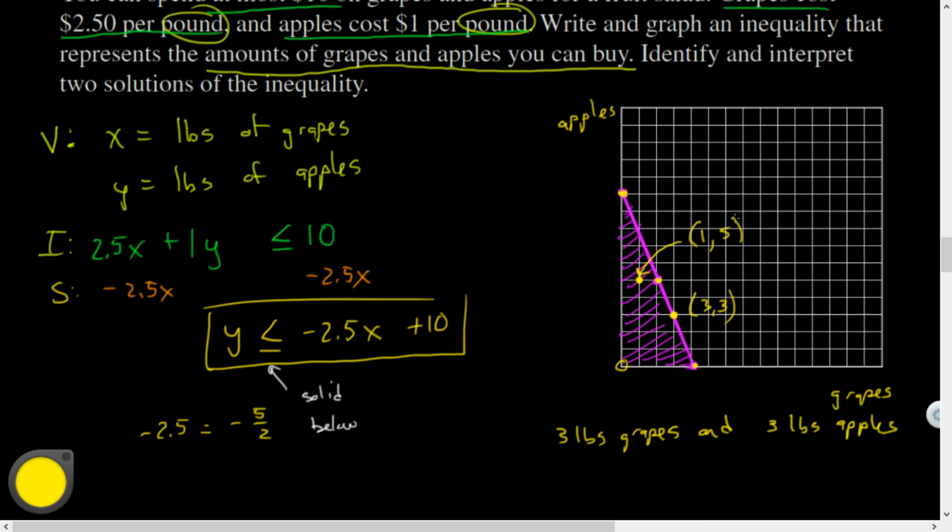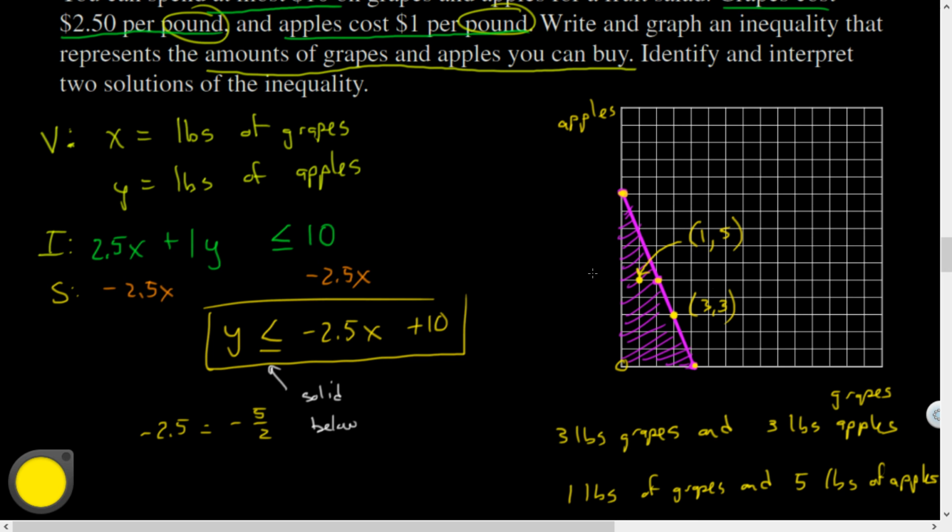So what would that represent? Well, my grapes axis is the x-axis. And 5 pounds of apples.